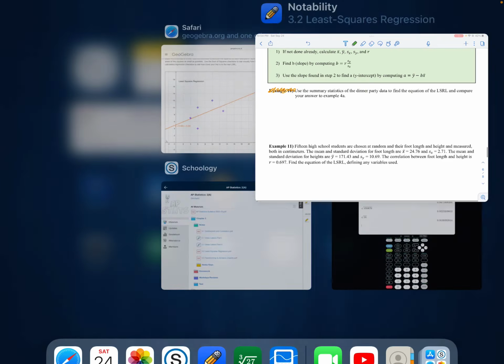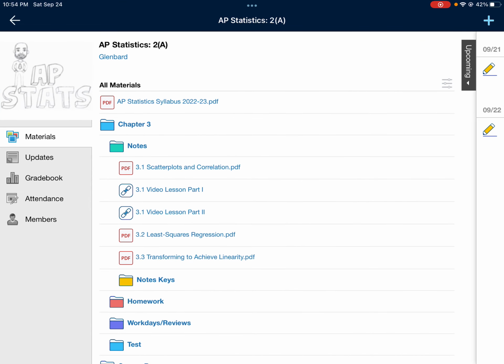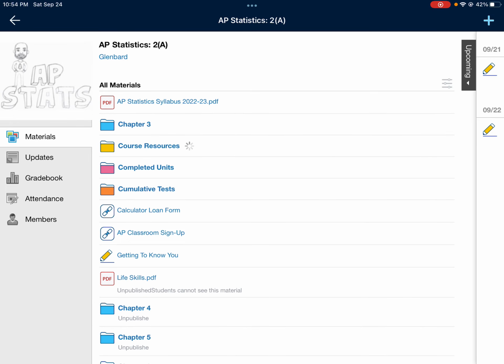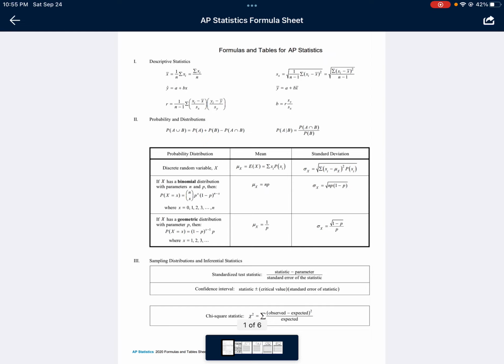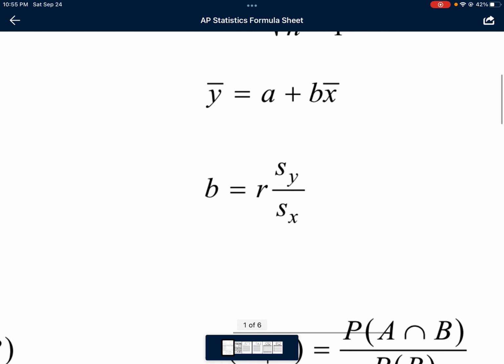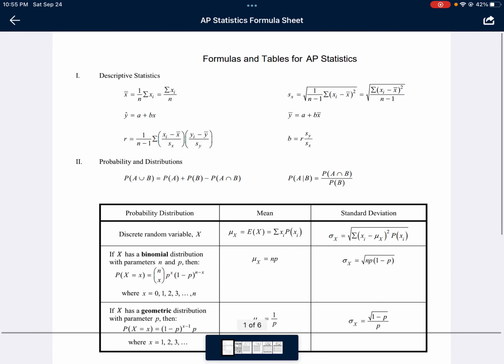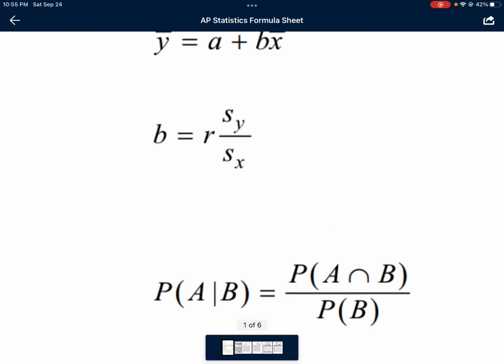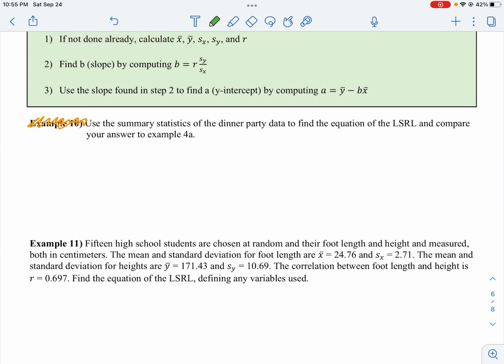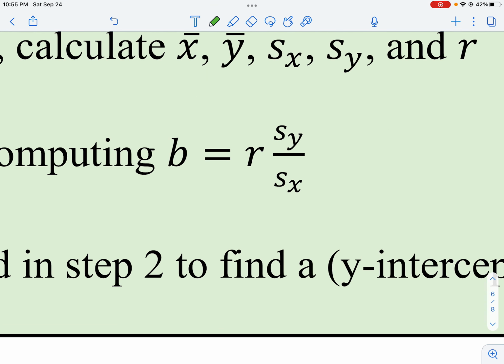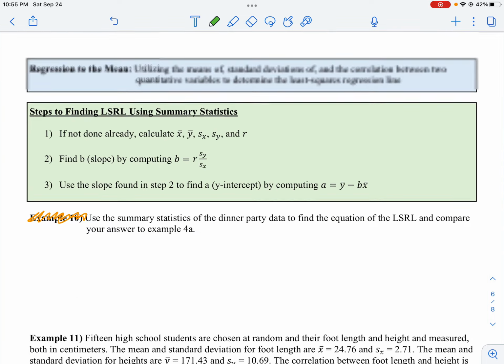Now, really quickly, this information is provided on your formula sheet. So let me just show you that really quickly. It is right here. On the very front page, up at the top, b equals r times Sy over Sx. And that's what we have right here. So this is not something you have to memorize in terms of formulas. You do have to know when to use it, how to use it.